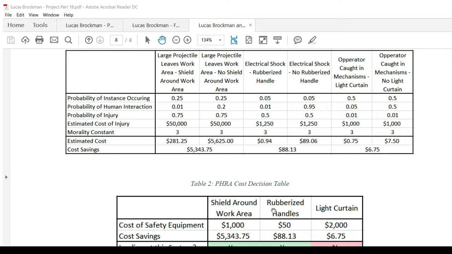Given that our morality constant in this case was 3, meaning that they're willing to pay 3 times as much as would be saved, then the shield should definitely be applied. It passes through this analysis. The rubberized handles pass as well because the equipment only costs $50 and the savings are $88. But then the light curtain is $2,000 for installation, but only saves $675 over the lifetime of the lathe, so it's not worth it based on this method of analysis.